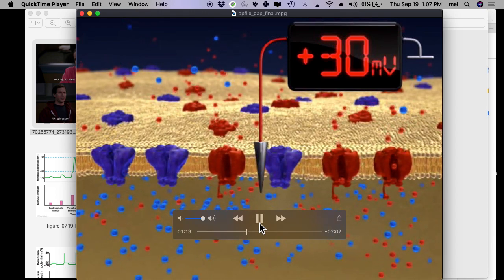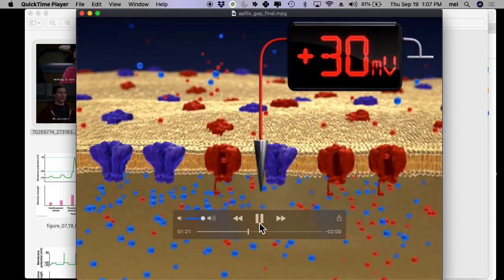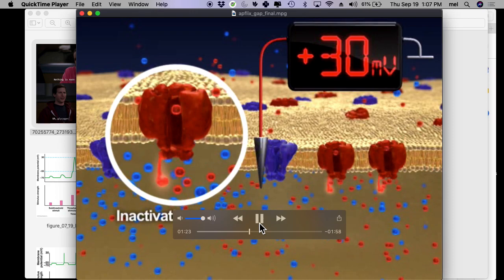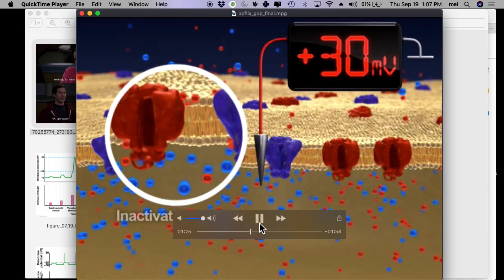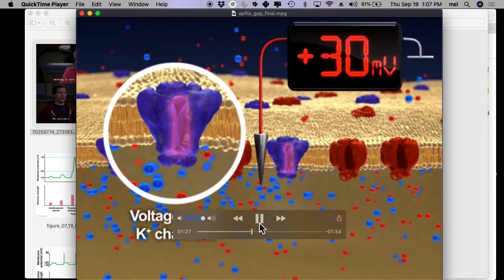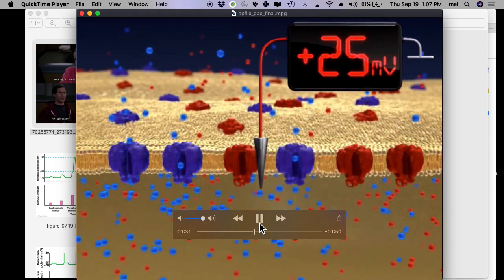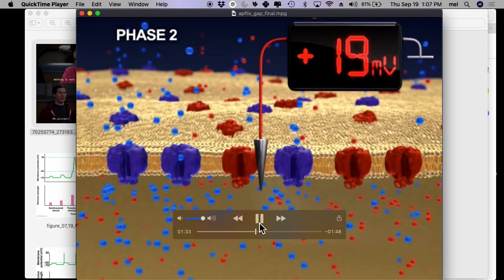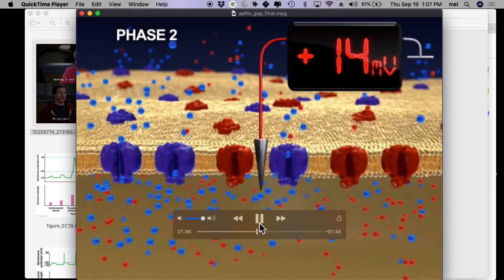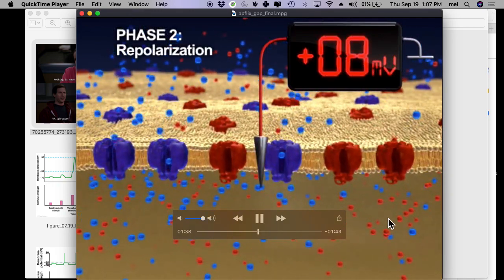At this point, two key events occur. The inactivation gates of voltage-gated sodium channels close, and voltage-gated potassium channels open. These two events mark the beginning of phase 2 of the action potential, known as repolarization.